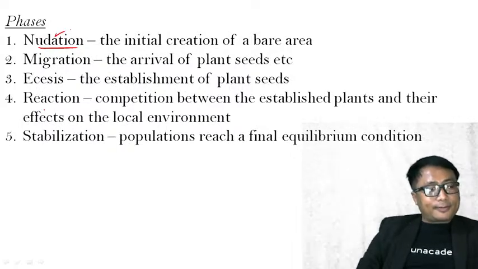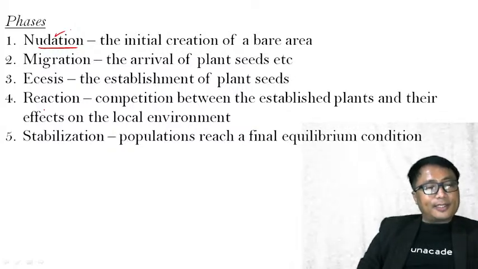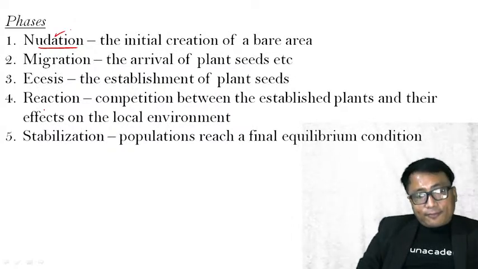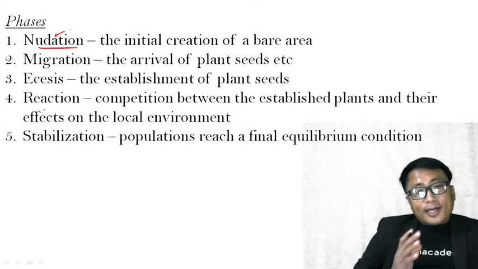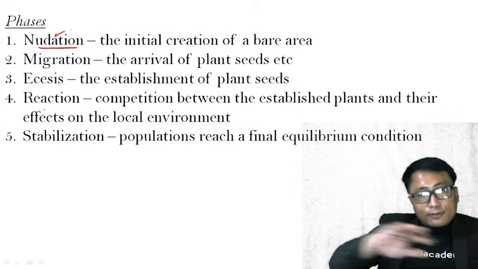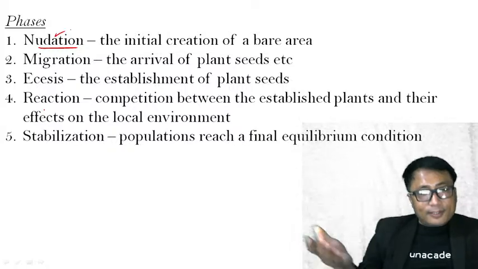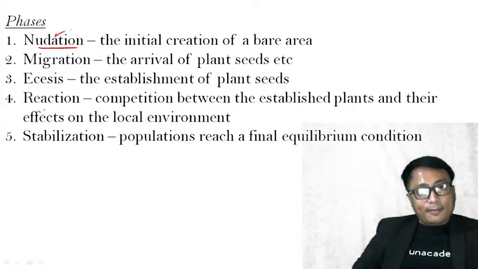Yesterday I gave you an example of primary succession, whereby the landform will be a new lava flow. During a volcanic eruption, the lava material which comes out flows over the surface. Prior to the flow of this lava, there was no vegetation over this. Why? Because it is a fresh lava that has come out.